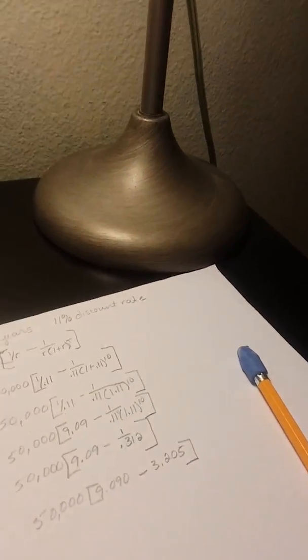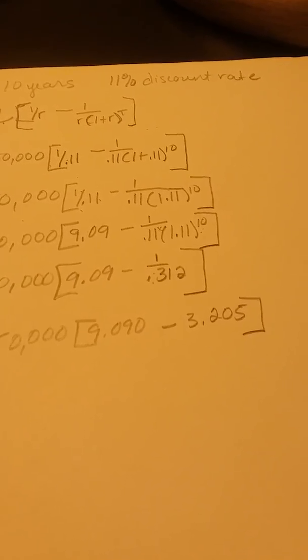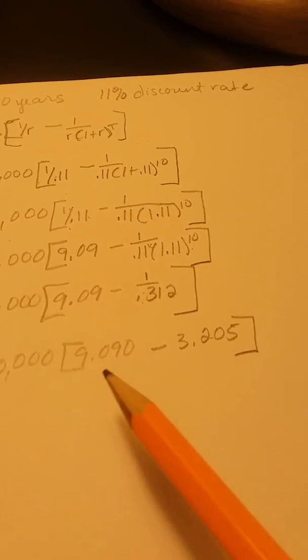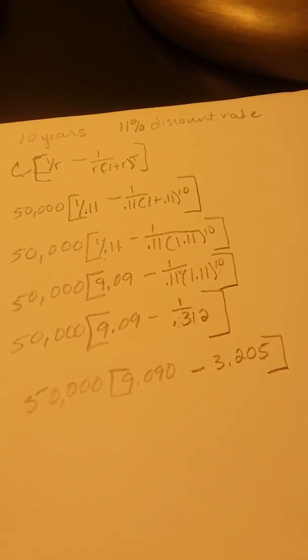And so from there, we can fairly easily throw that into the calculator. So in our simple subtraction here, we just subtract 3.205 from 9.090. So just on your calculator, or you can do it by hand, it's fairly simple.